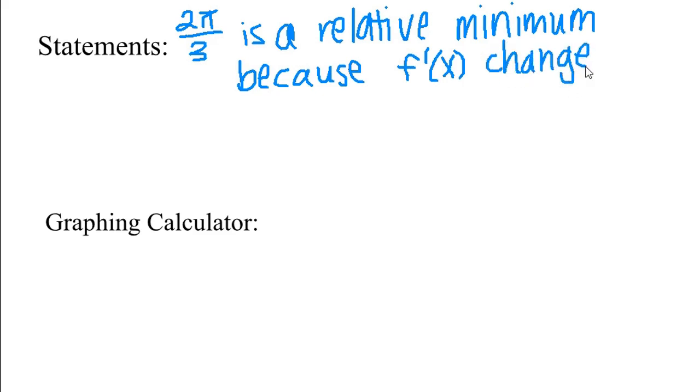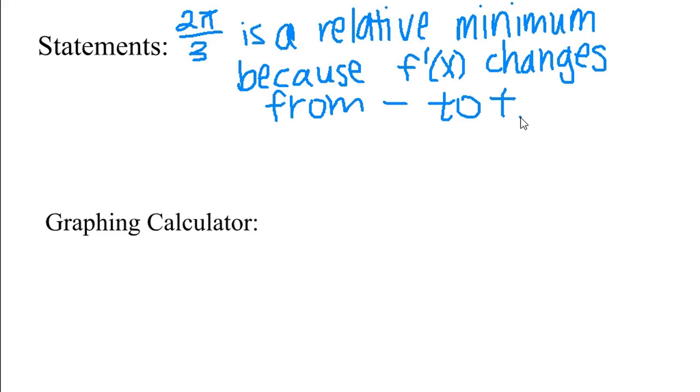Or sorry, negative to positive. It was negative first. Order does matter in this. So it was negative, then it went positive. If I'm talking about f prime of x, I'm going to talk directly about its sign. It goes from negative to positive.